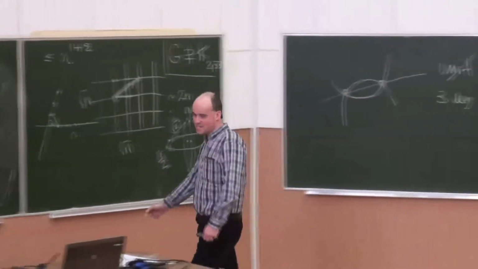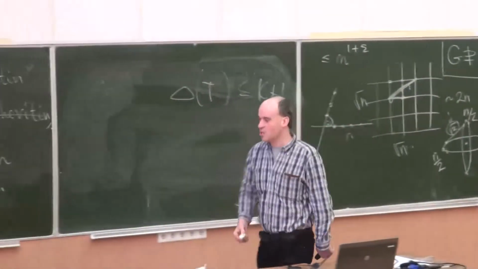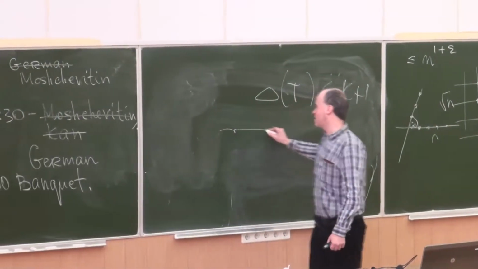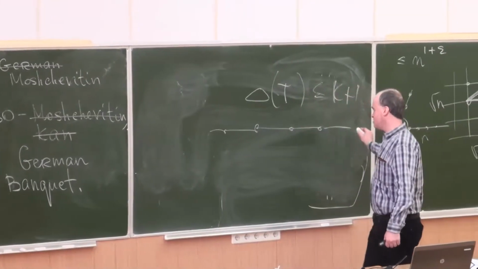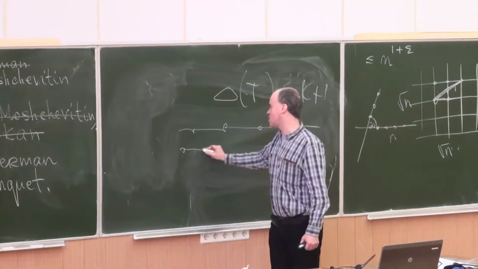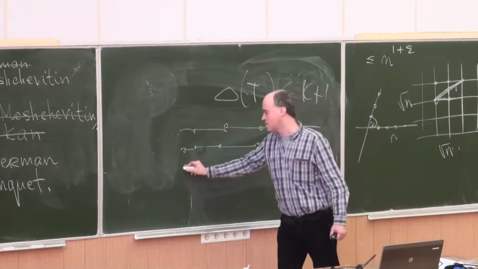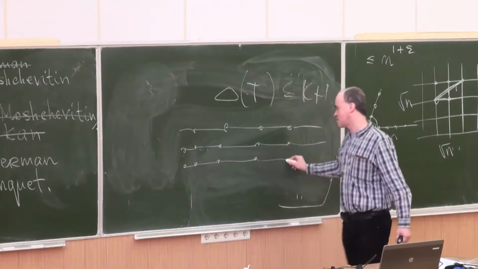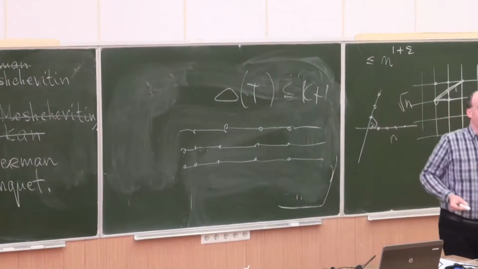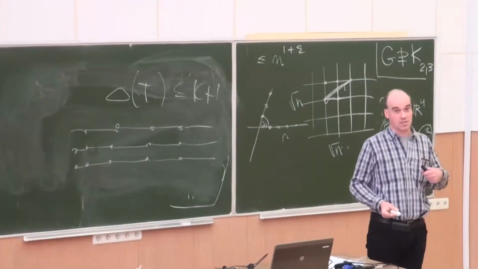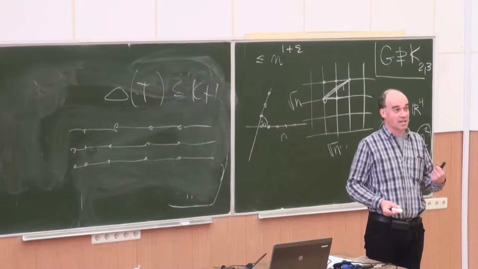Of course, the first example which one can construct is such an example for a tree where the tree is a simple path. This is the known example, showing that this bound is tight.